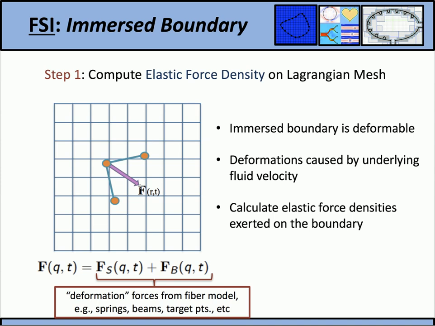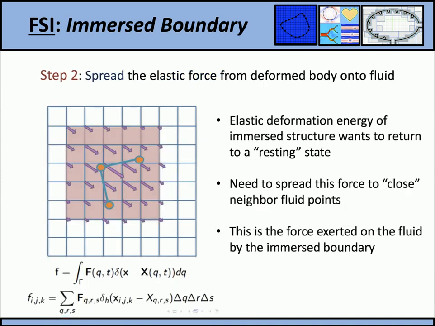These deformation forces can be computed, and then we can spread them out to the nearest fluid points. You can note that this is done through the integral equation relating force, and you can see that the fluid points or the Eulerian points nearest the Lagrangian point where that deformation force is coming from feel the biggest effects, and the force tapers off from there.